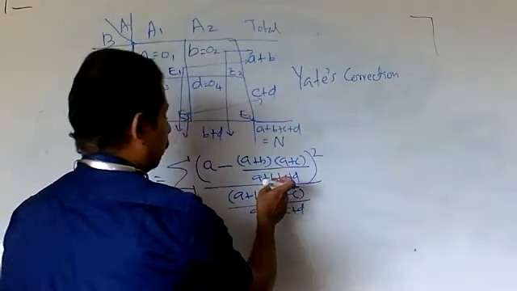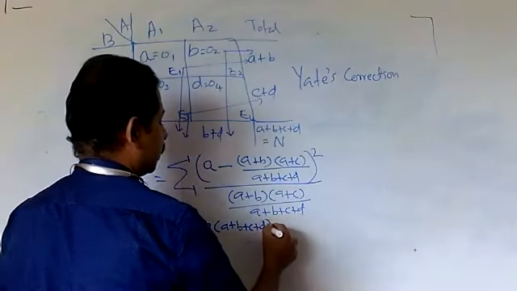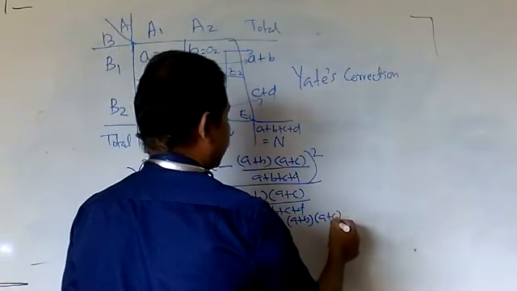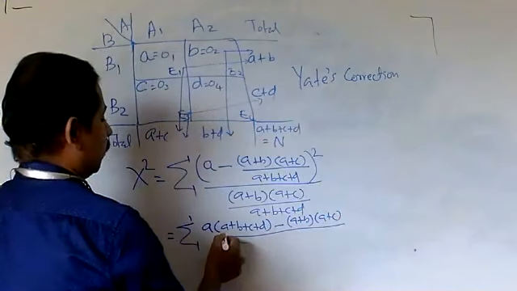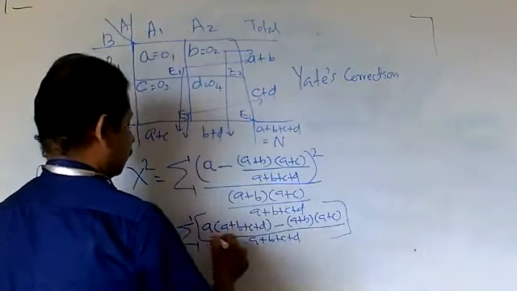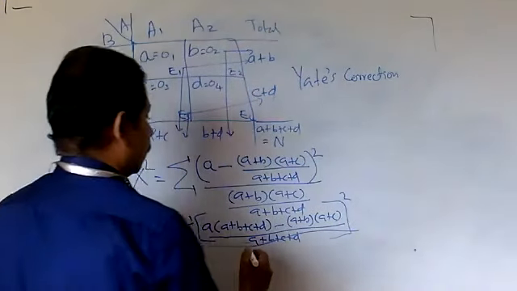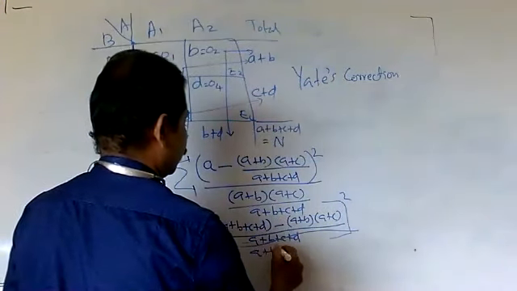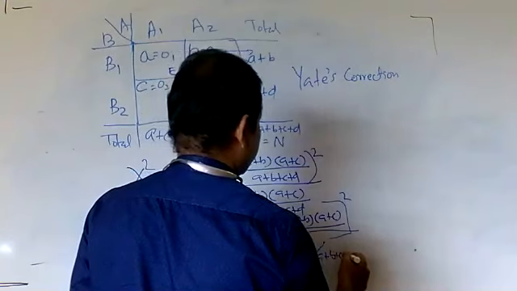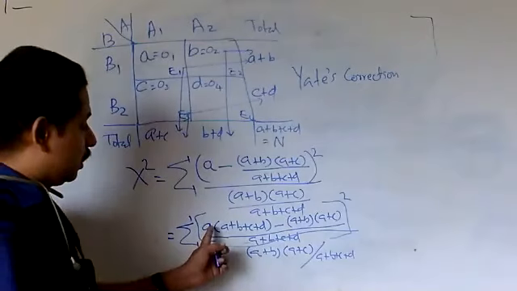You take the denominator to the left side. It is A into A plus B plus C plus D, minus A plus B into A plus C, then all divided by A plus B plus C plus D. This all square, divided by the denominator, which is A plus B into A plus C divided by A plus B plus C plus D. Now solve the numerator of this one.